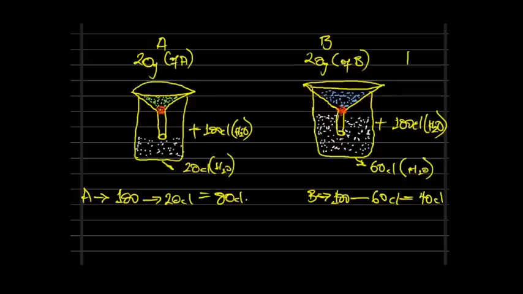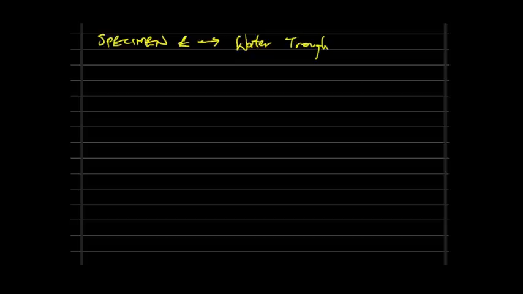So the next specimen we'll be having now is our specimen E, which happens to be the water trough. Now, what is the water trough and what is it used for?